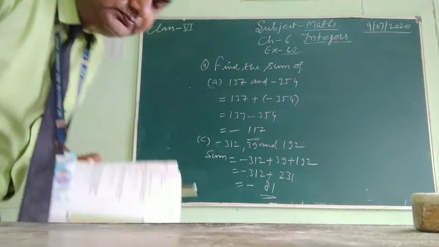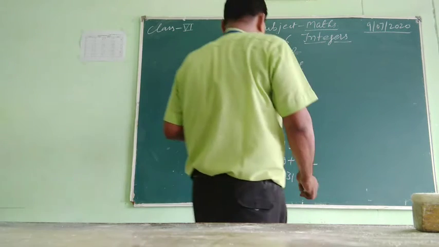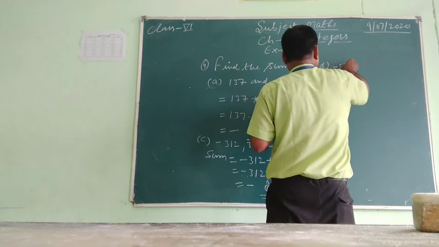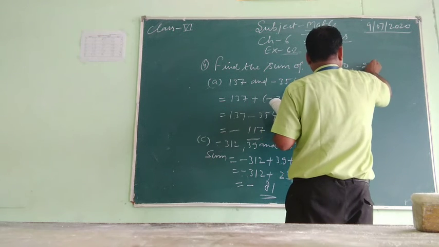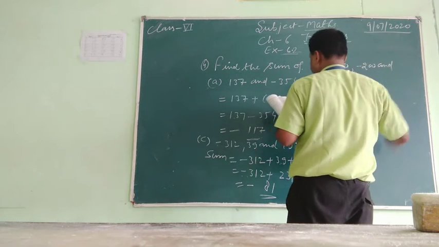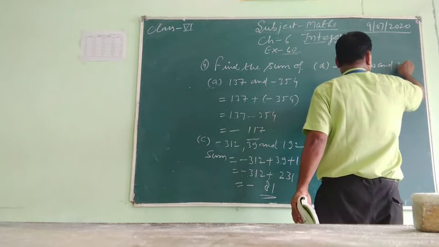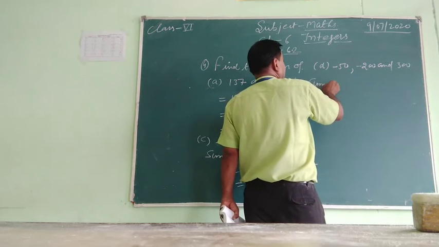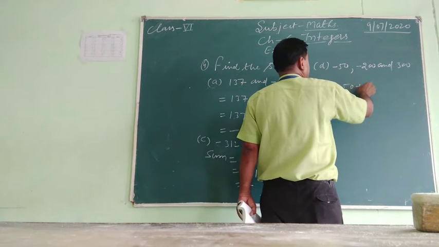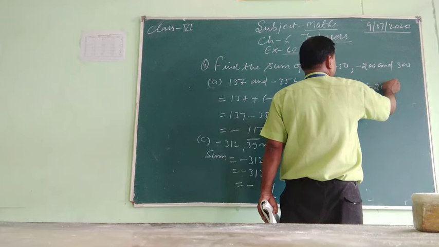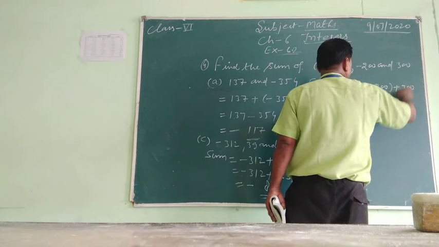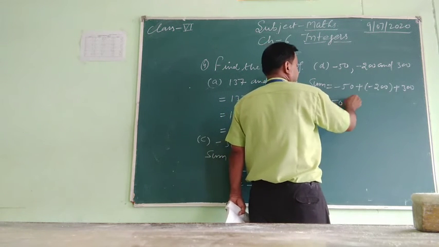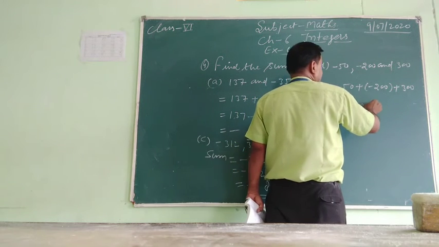Now D part, minus 50, minus 200 and 300. Find the sum. Minus 50 plus minus 200 plus 300. We can write it minus 50 minus 200 plus 300.